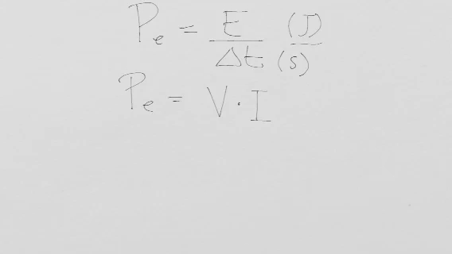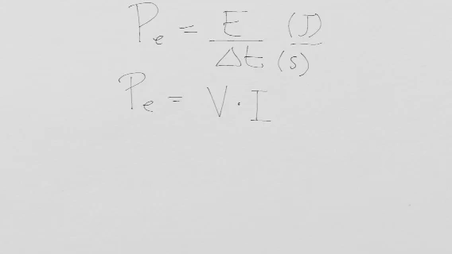The question was, how is it that these two vastly different formulas can both give you electrical power? Because E and T is not the same thing as V and I. Well, it can be the same thing, and here's what I'm going to prove to you.